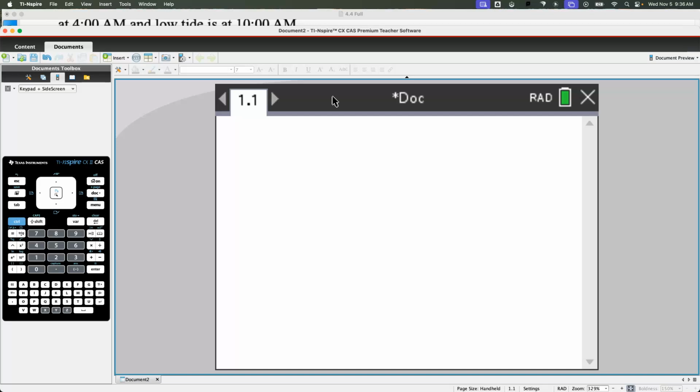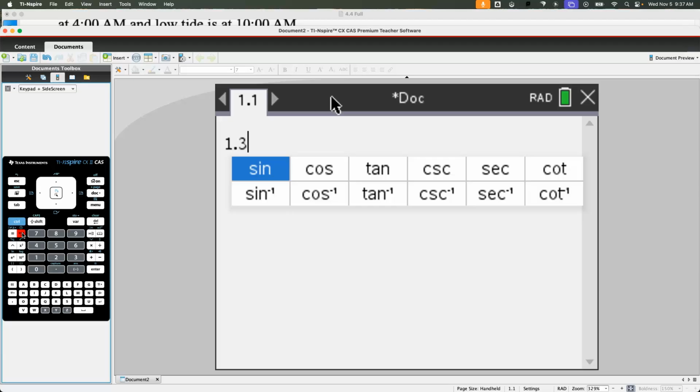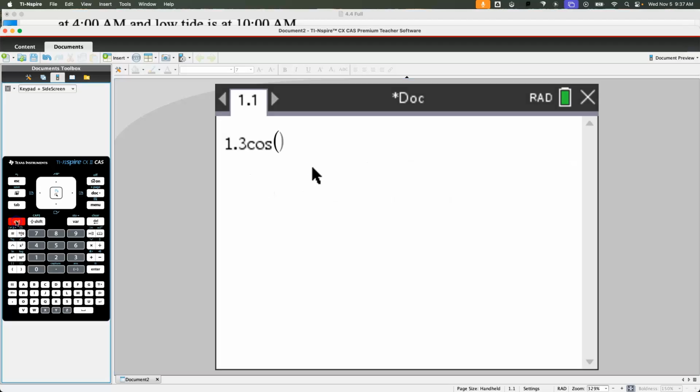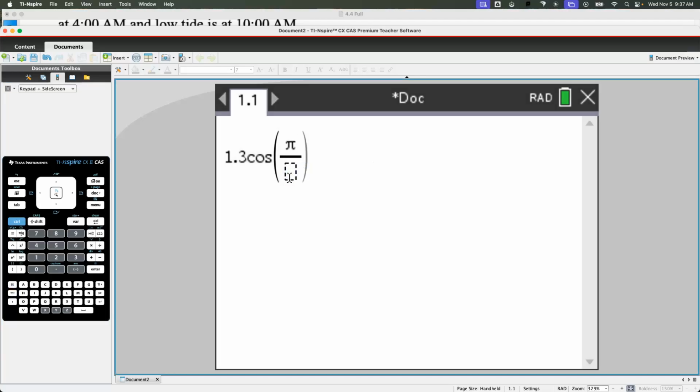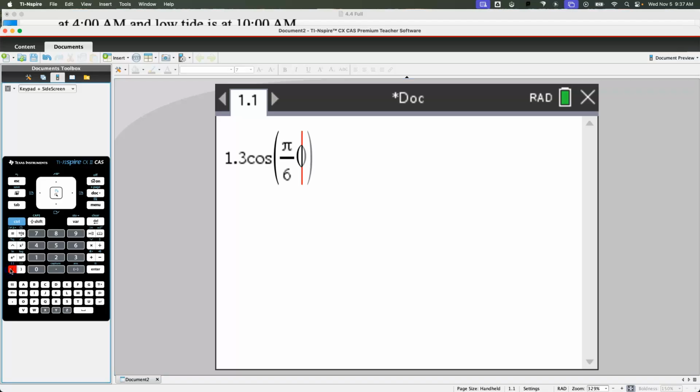If you're using our calculators, make sure you've got RAD up there in the corner. So you can just type in 1.3 cosine of pi over 6 times the quantity 9 minus 4, close and close, plus 3.10.